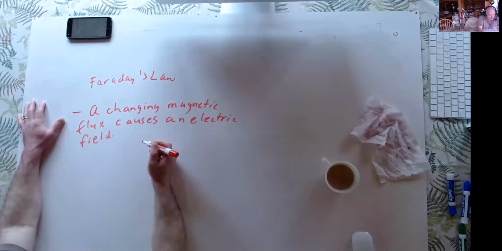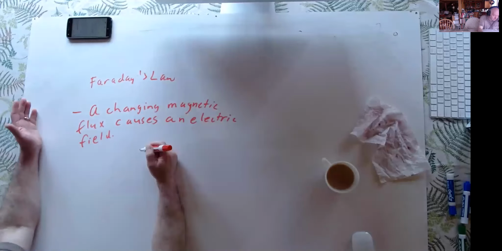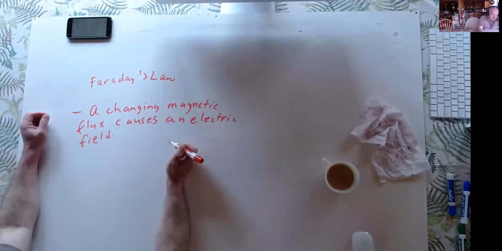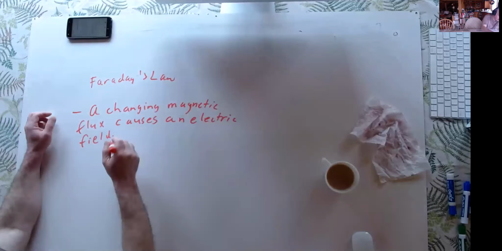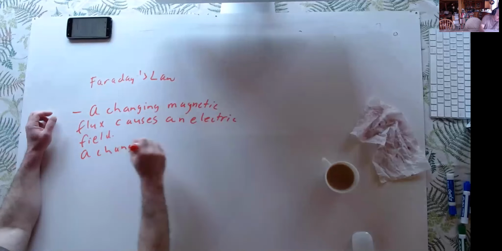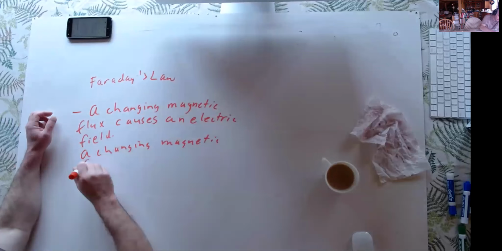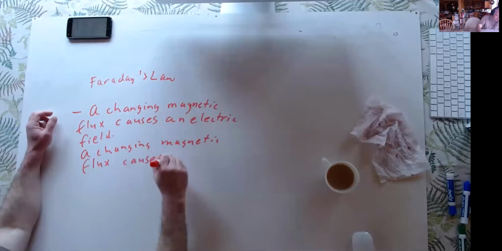And then what we're going to find out later on is that a changing electric field causes a magnetic field. That's going to be Maxwell's contribution. And the way this is often worded, it's often worded a slightly different way. You'll say a changing magnetic field or magnetic flux causes an induced current.